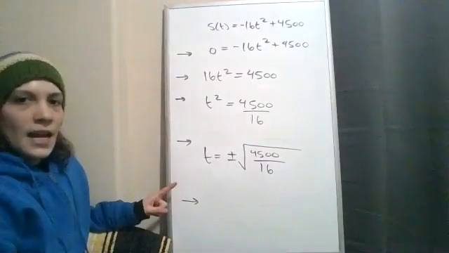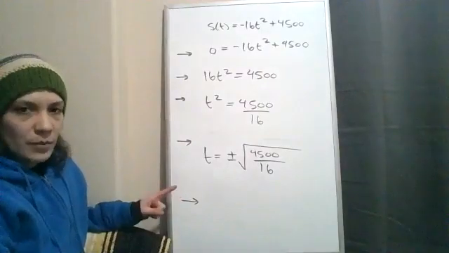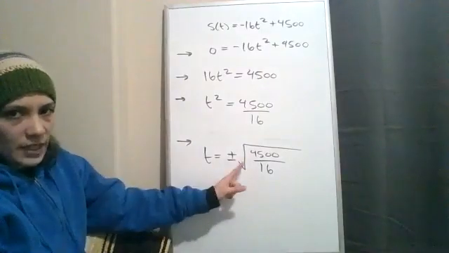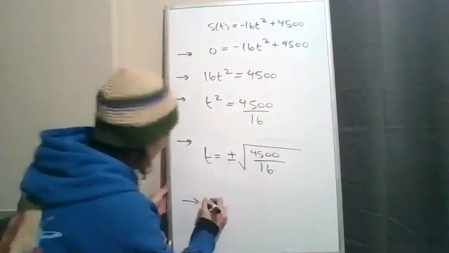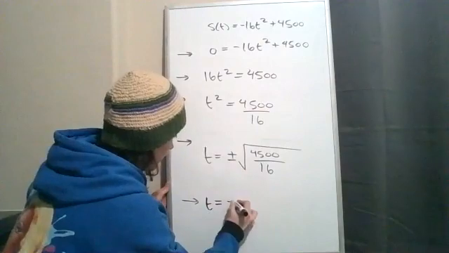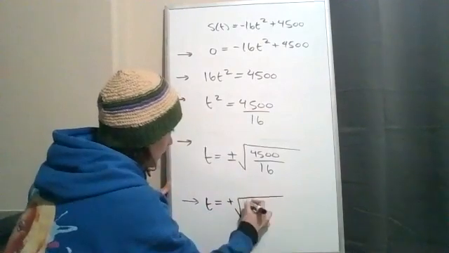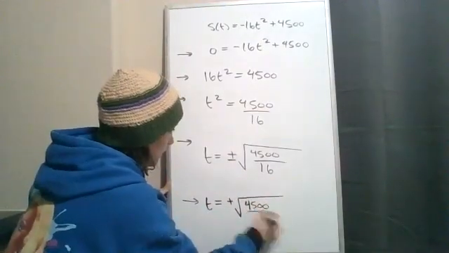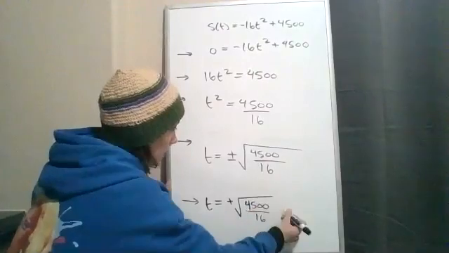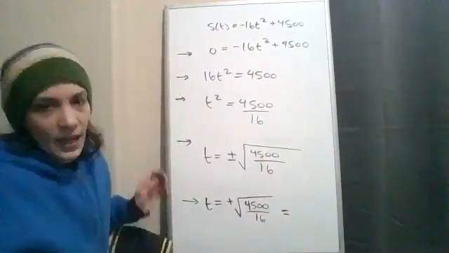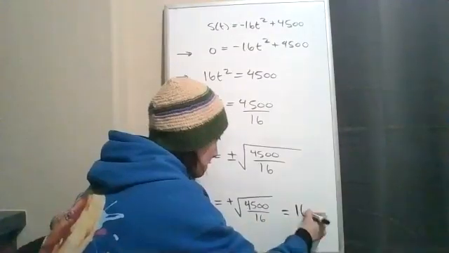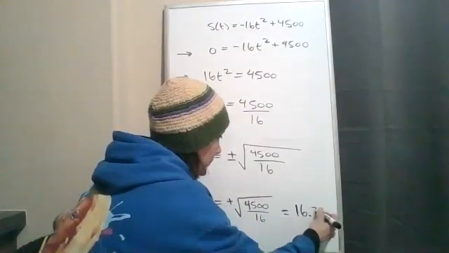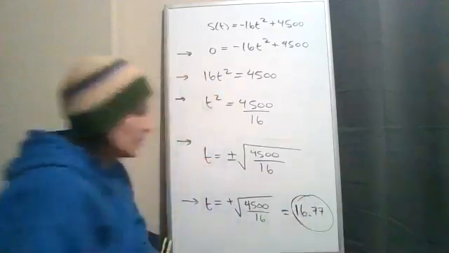Okay, and this value for time is going to be a positive number. You don't want a negative number for time, so positive of this root. I got 16.77 seconds.